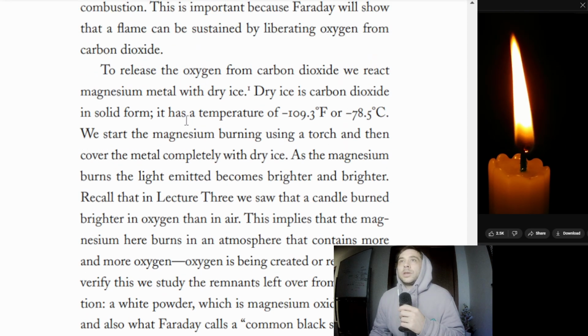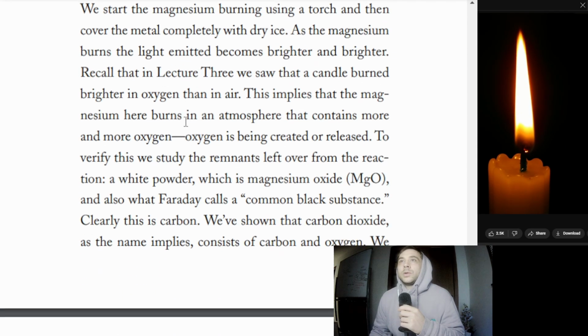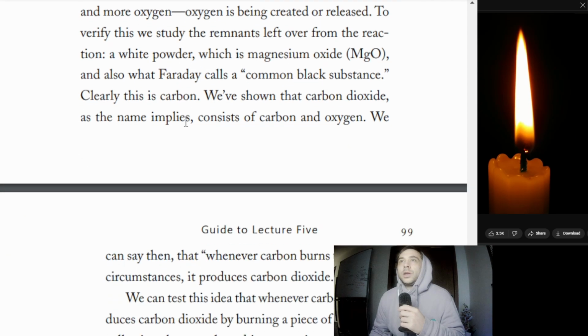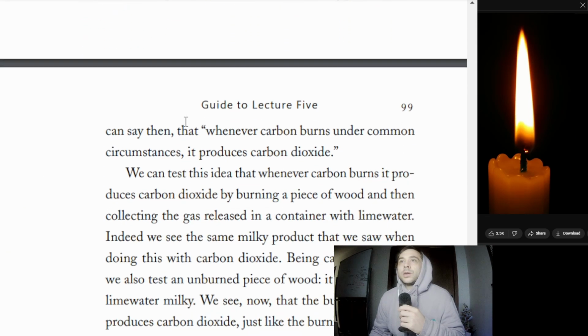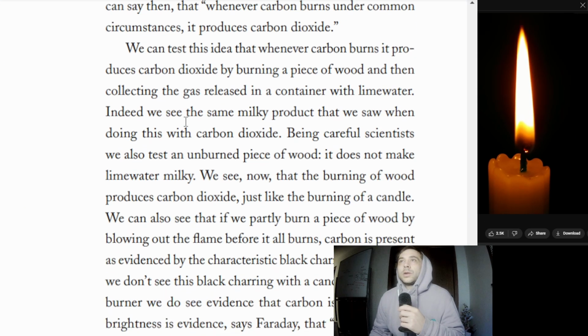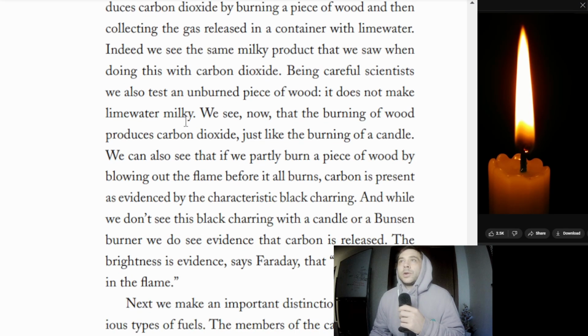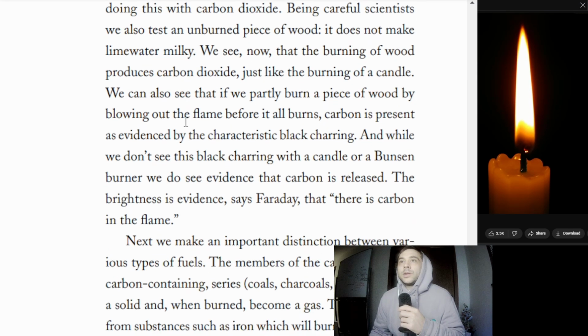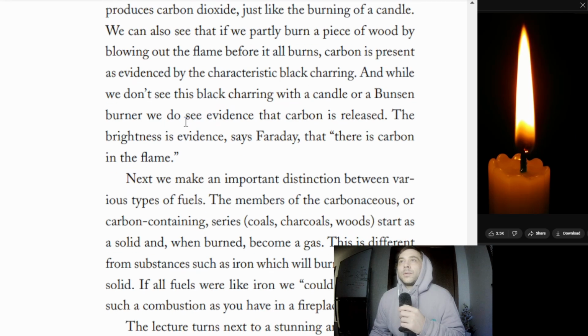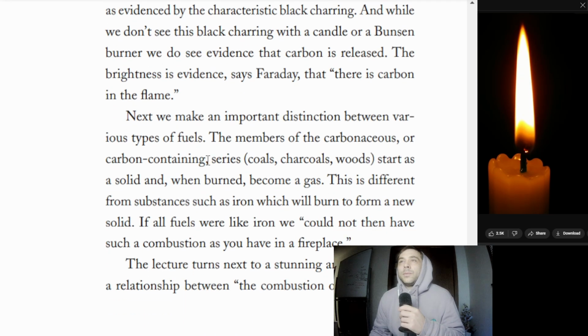We still need to get to the respiration. Types of carbon.